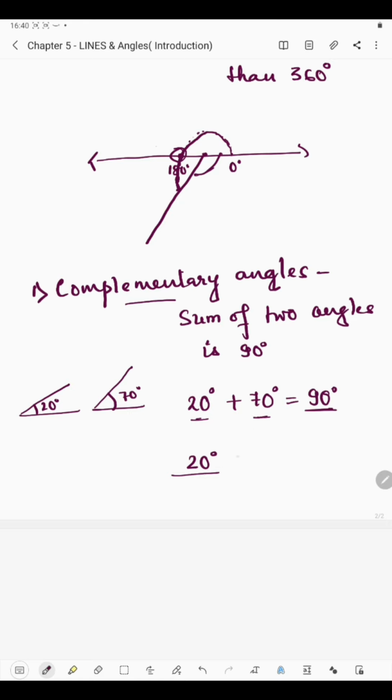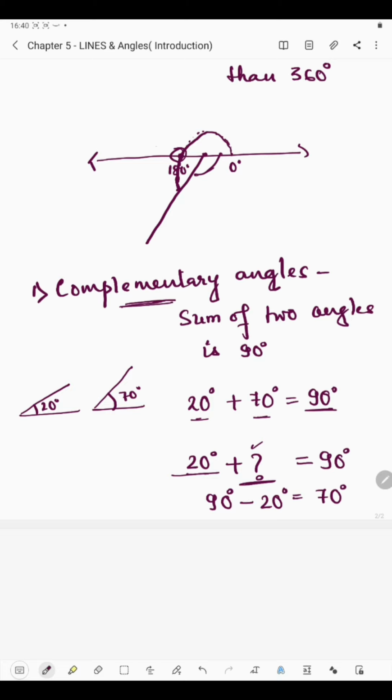We know that the sum of the two angles is 90 degree, so we will subtract the given angle, 20 degree, from 90 degree to get the complementary angle.